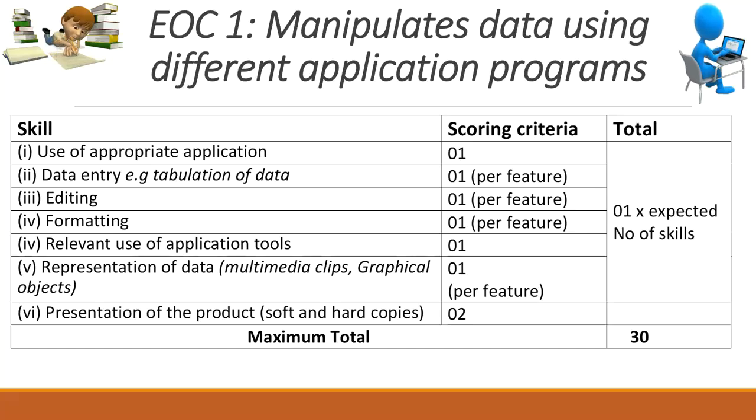When it comes to item 1, which says that a learner manipulates data using application programs, these are the skills we expect you to answer. Your responses should target using appropriate applications. You must read the scenario very well.